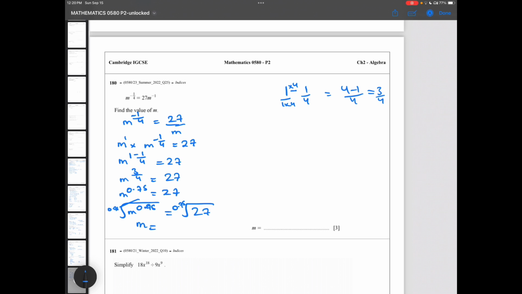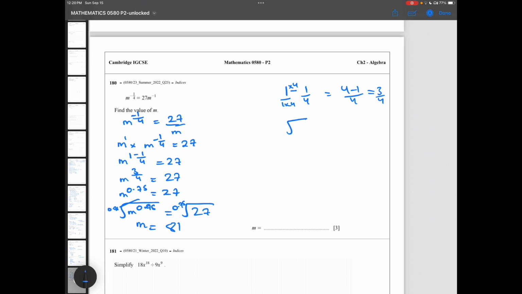This is basically 27 to the power 1 divided by 0.75. This will be equal to 81. I have taken the 0.75 root of 27 using a calculator.